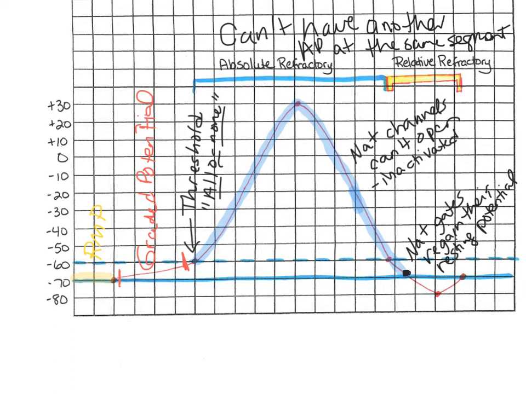Until then, they can't open. So we call that the refractory period, right? Where another action potential can't occur. I'm not going to distinguish between absolute and relative right now. So just know that the refractory period means another action potential cannot occur during those times. During rapid depolarization and repolarization, another action potential cannot occur.